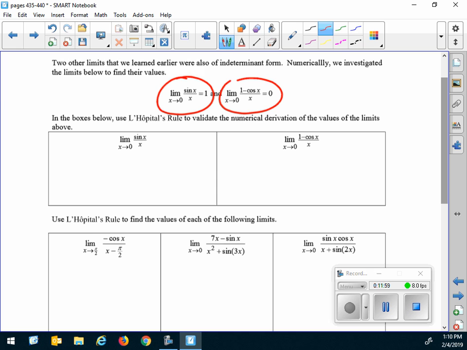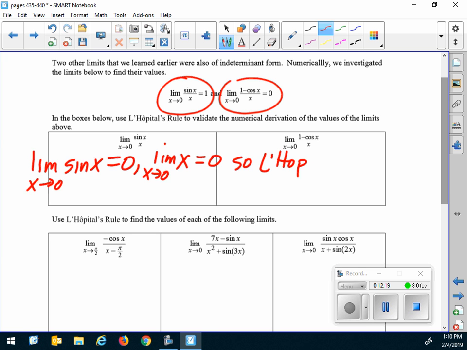So you're going to write this. The limit of sine x as x approaches 0 equals 0. The limit of x as x approaches 0 equals 0. So L'Hopital's rule applies.